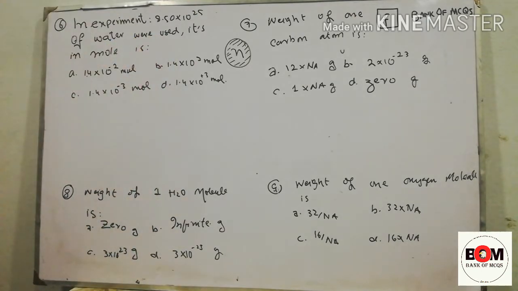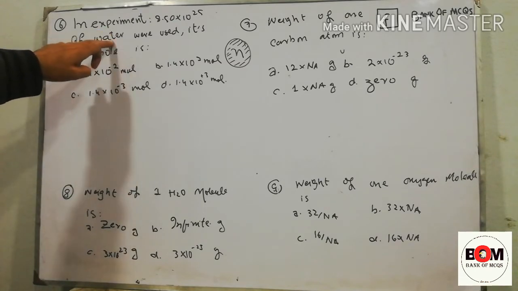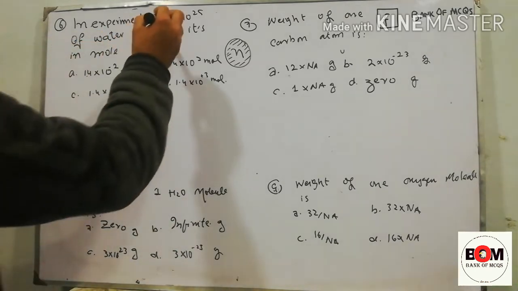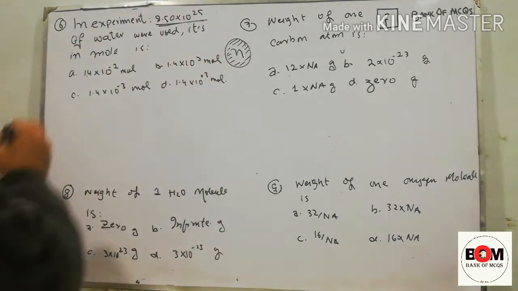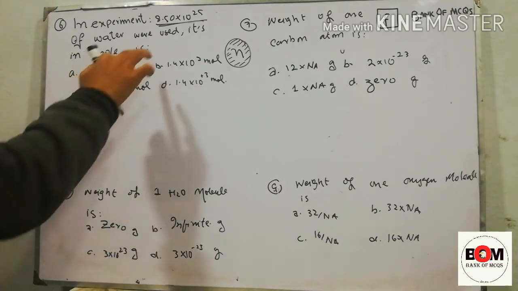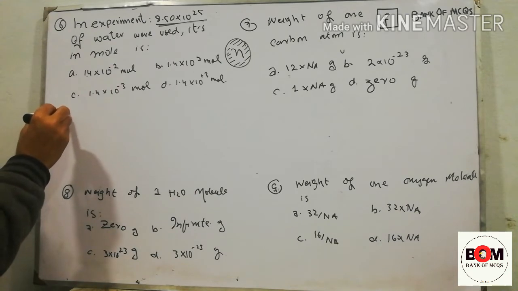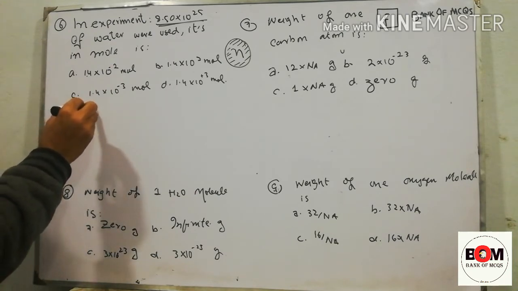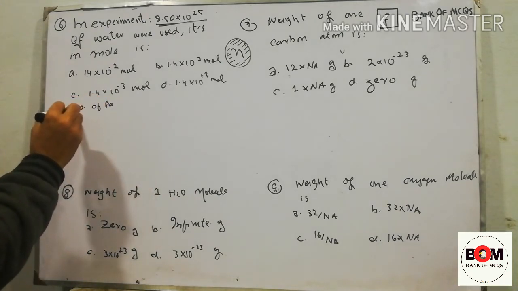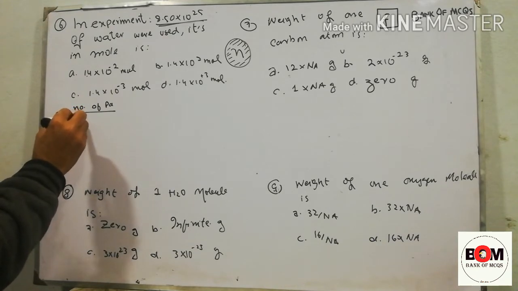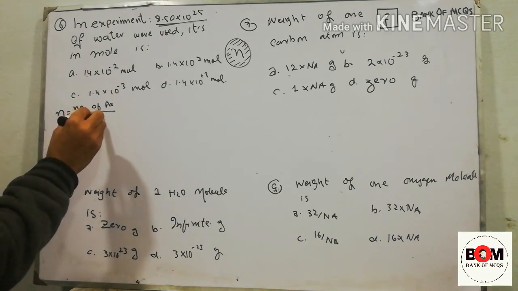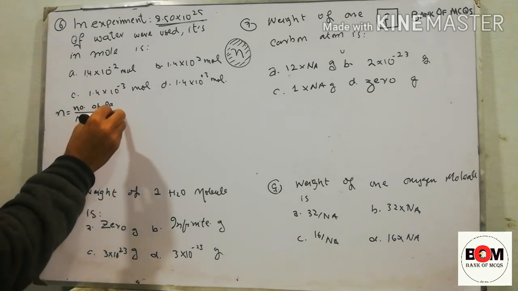So in the experiment, water molecules are used, we are given the number of water molecules, and we are asked to find the number of moles. What is the relation? The relation is number of moles is equal to number of particles divided by NA, or 6.023 × 10^23.